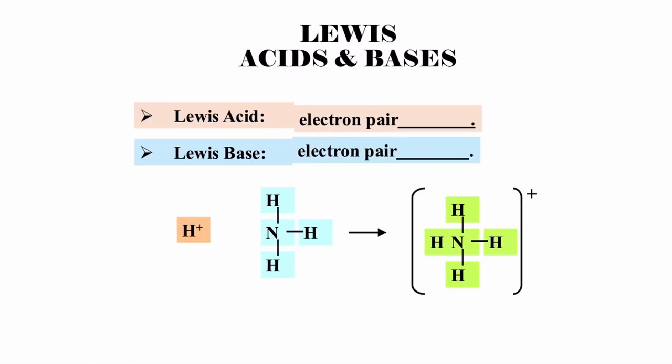And so a Lewis acid is going to be an electron pair acceptor, and a Lewis base is going to be an electron pair donor. So the lone pair that was on ammonia is what bonds to the proton in the previous case.